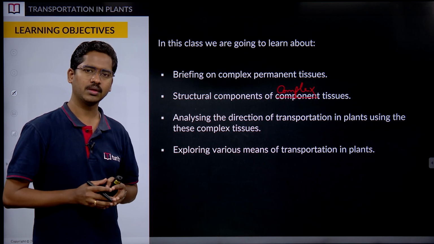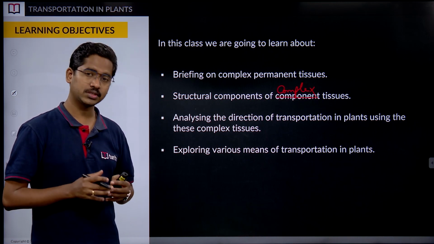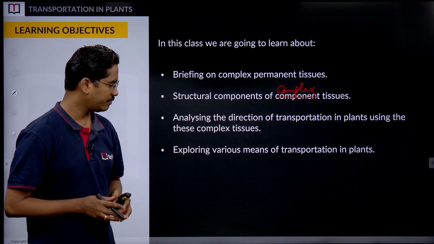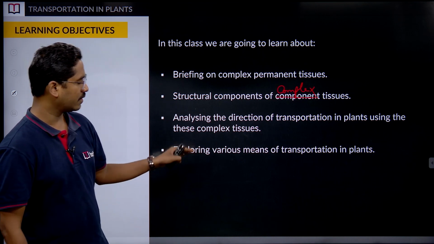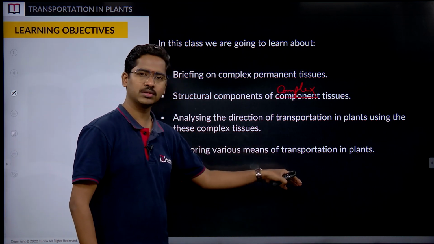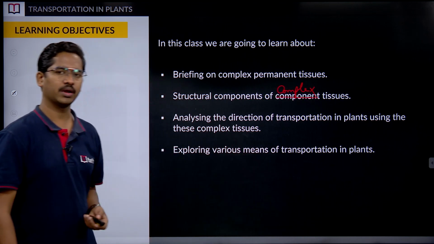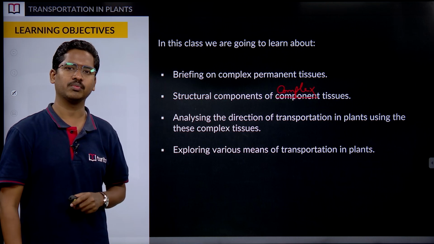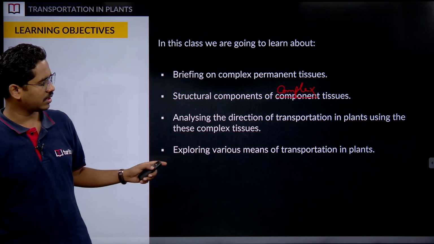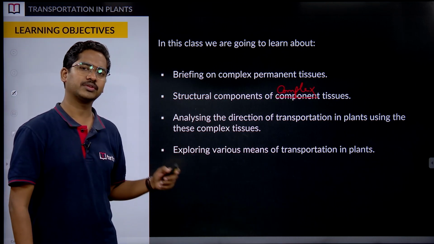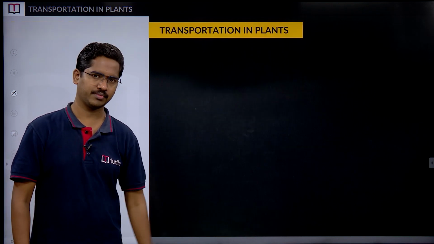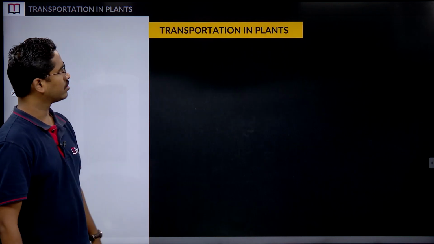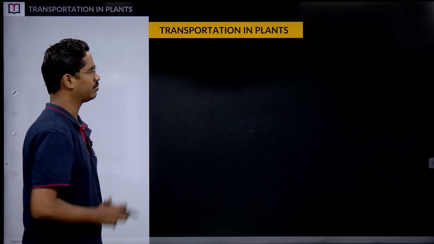We will understand the direction in which they are functioning, and finally, we will look into the various methods of transportation usually performed by the plant. So, within the plants we will understand how these plants are transporting the components within themselves, right. That is what transportation in plants is all about.